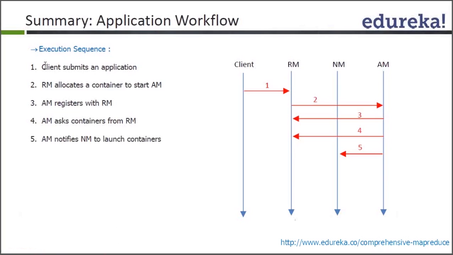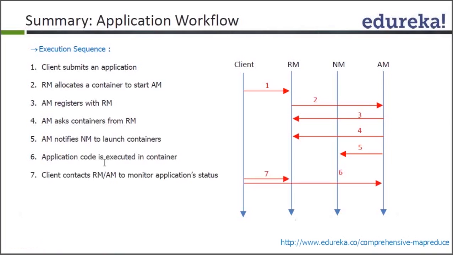Then it will tell the node manager to launch the containers. Then the application code is executed in a container. Then comes the status part of it. The client contacts the application master to monitor the application status. Guys, I hope this makes it very clear. So this is the summary of your complete MapReduce workflow. And then once it's done, the application master unregisters with the resource manager because I have finished with the job.